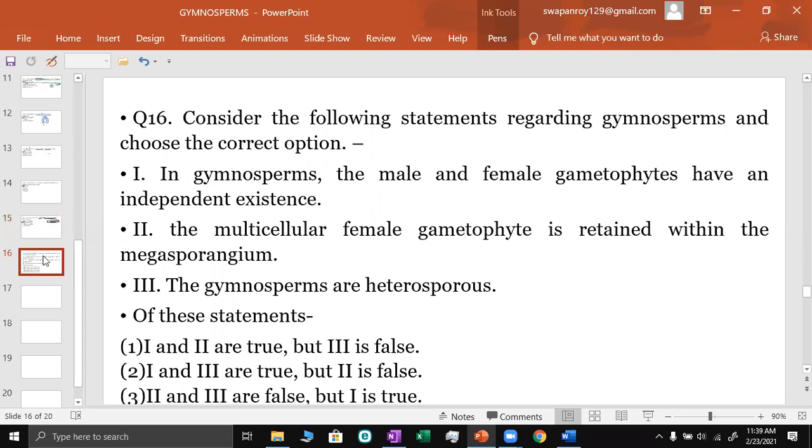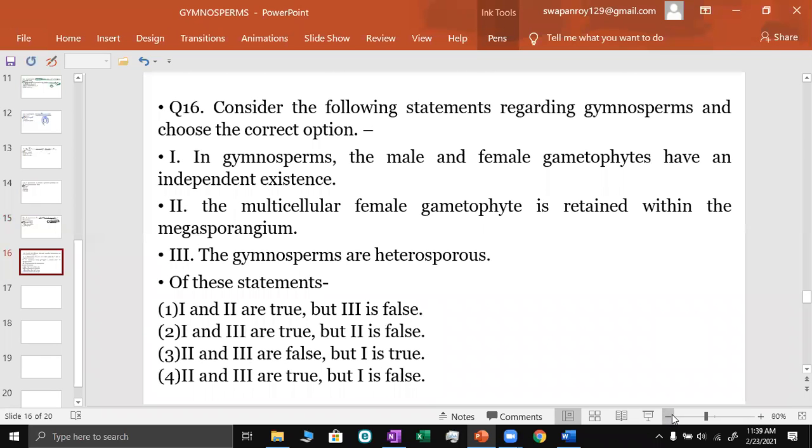And the last question, this one is a little bit long. Consider the following statements regarding gymnosperms and choose the correct option. First statement: in gymnosperm, the male and female gametophyte have an independent existence.